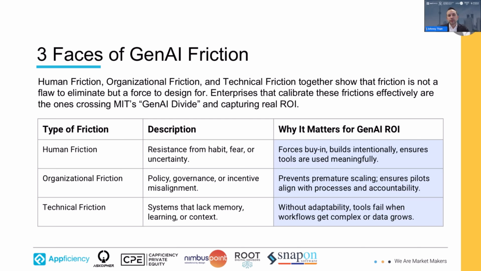And then technical friction is a big one. A lot of people that were early adopters are using products that are wide open and really genericized for public consumption, but they're not proper for enterprise AI consumption. And because of that, the tool lacks adaptability, which is one of the major things that enterprises need.